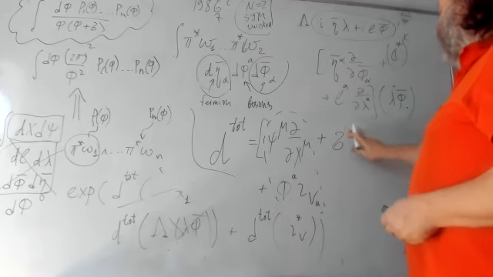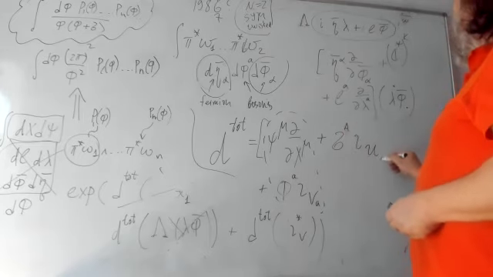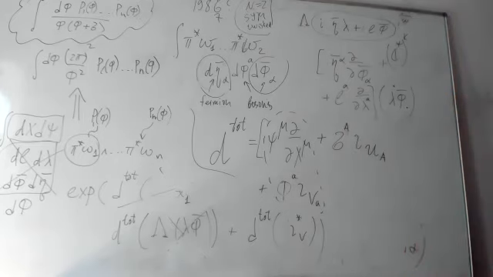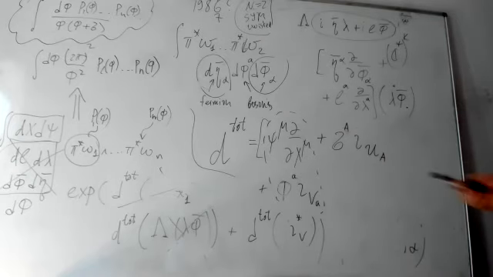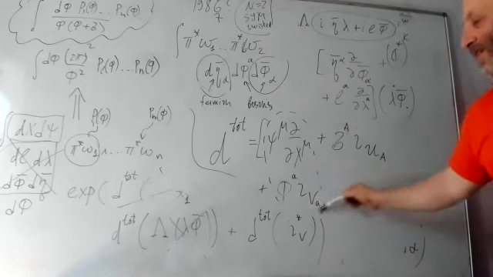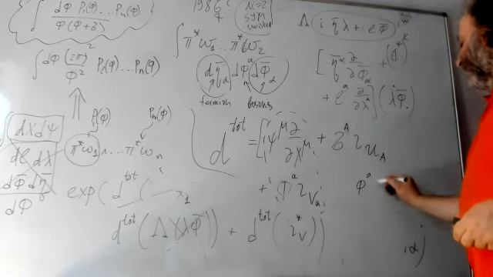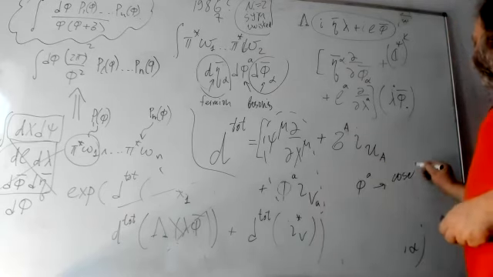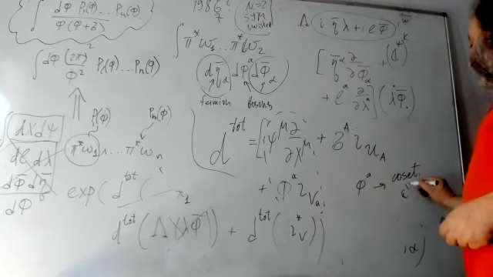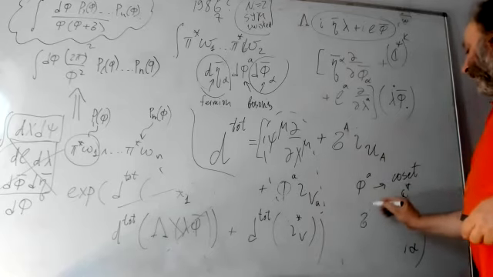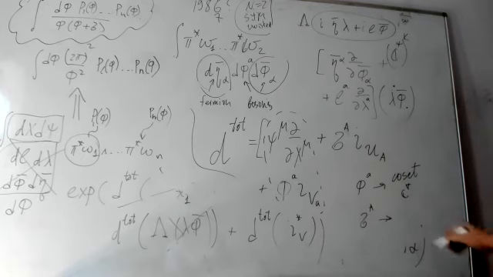I need to pick up another letter, A capital. So this stands for phi I for the coset C stars, and sigma I would stand for external.